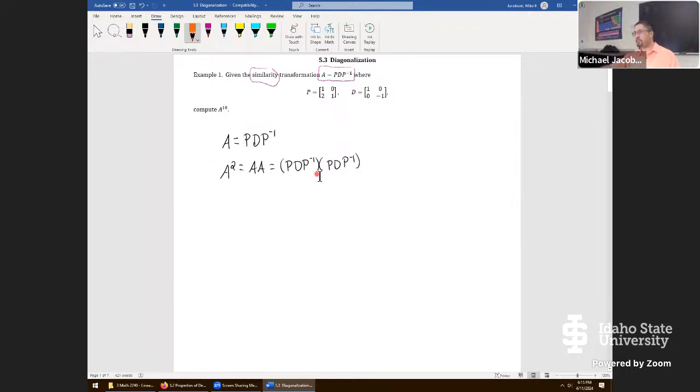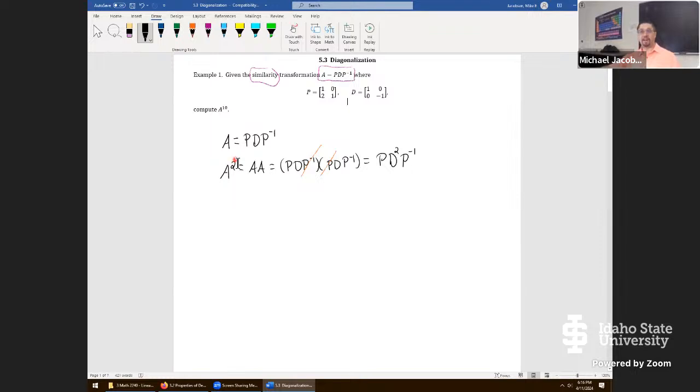So you could drop parentheses, reassociate if you wanted to. But at this point in the course, you probably just want to do this. P times P inverse turns into the identity matrix. The identity matrix just falls out through multiplication. What you're left with is P times D times D. So you're looking at P times D squared times P inverse. So that's what A squared comes out as.